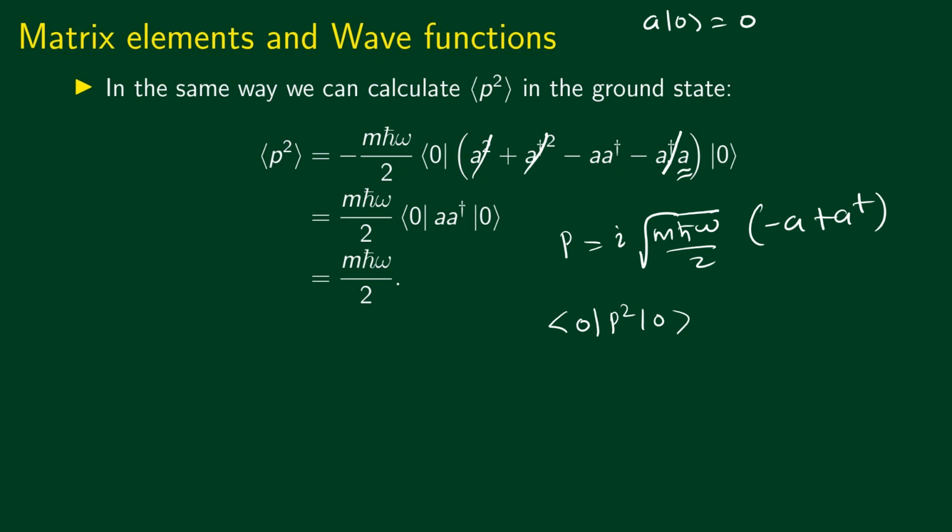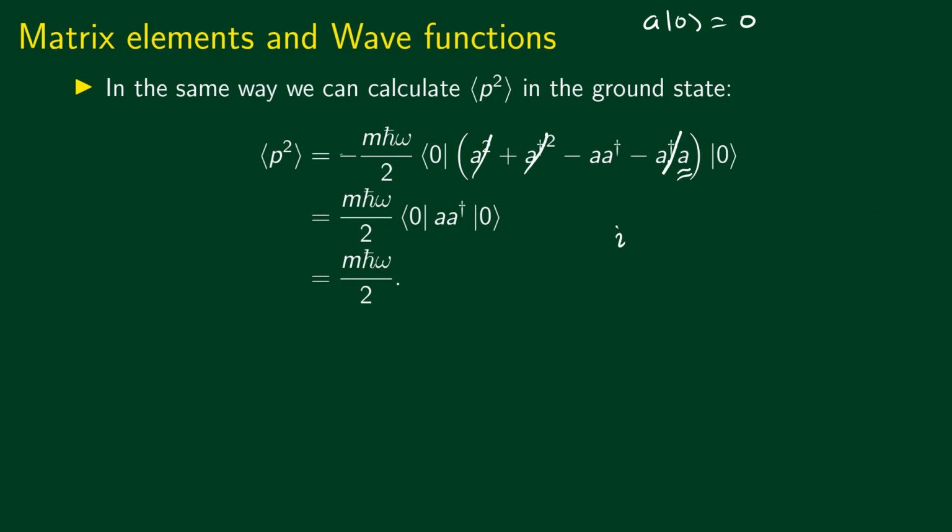The only non-zero contribution now is from this term, minus a dagger. Alright, minus can be pulled out and cancelled with this minus here. So we have mħ divided by mħω divided by 2 multiplying bra 0 a dagger ket 0. Now again we can use a dagger acting on ket 0 is equal to square root of 1 multiplying ket 1, which is ket 1.